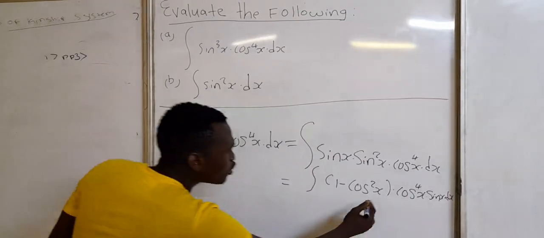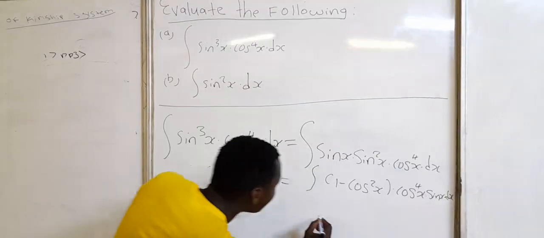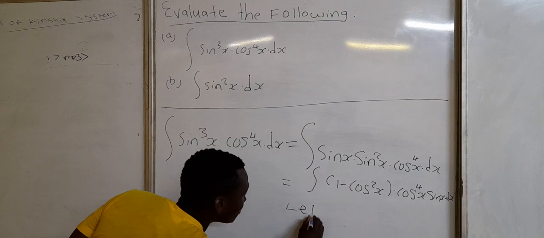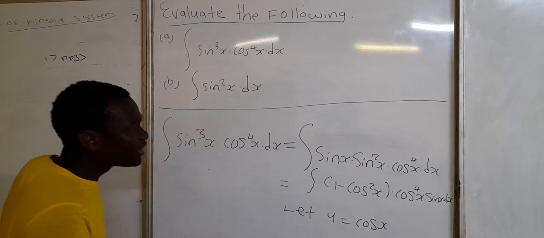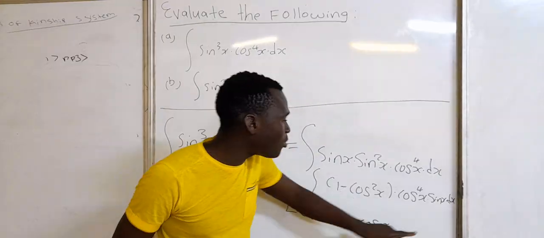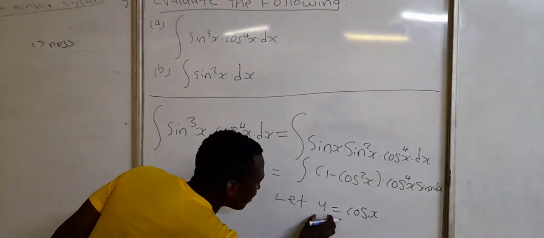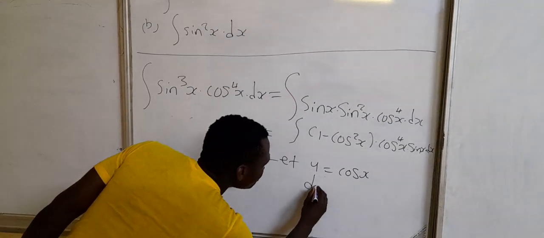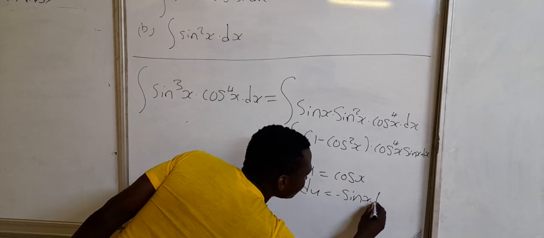So what we're going to do, we're going to let cos x be u. Let u equal cos x, with the intention of substituting this sine, because it's the one which is disturbing this. So then when you differentiate this with respect to x, you get du equals minus sine x dx.